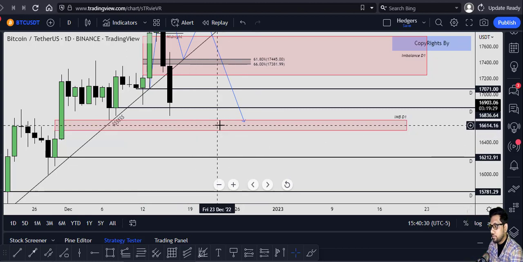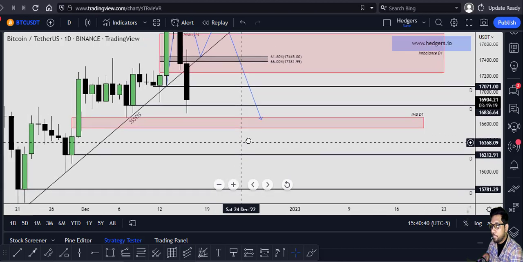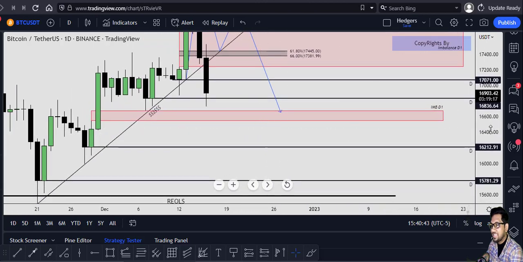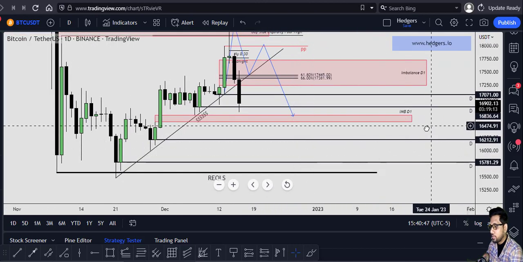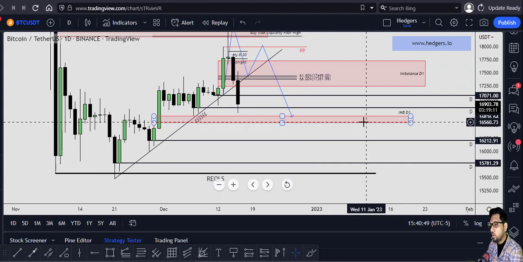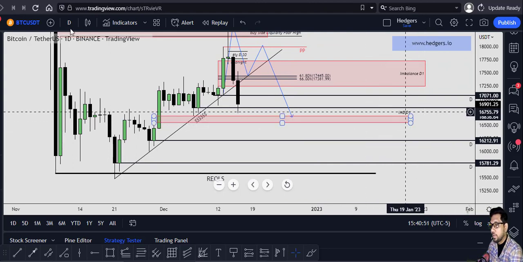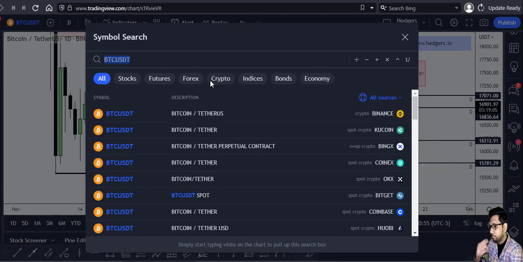The higher the time frame for these imbalances is, the more effective they will become. The lower the time frame, the less effective it will be. Same goes for the order blocks and same goes for the imbalances.